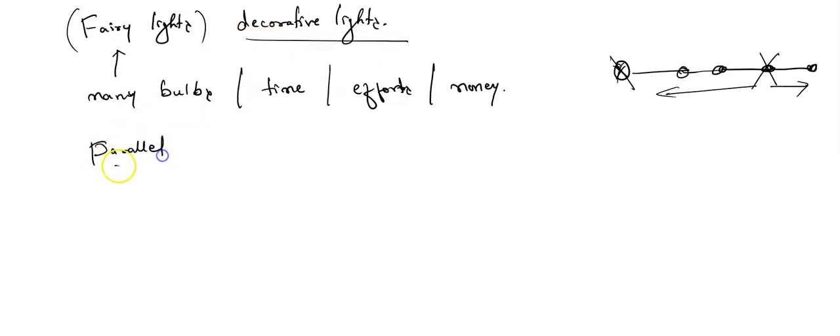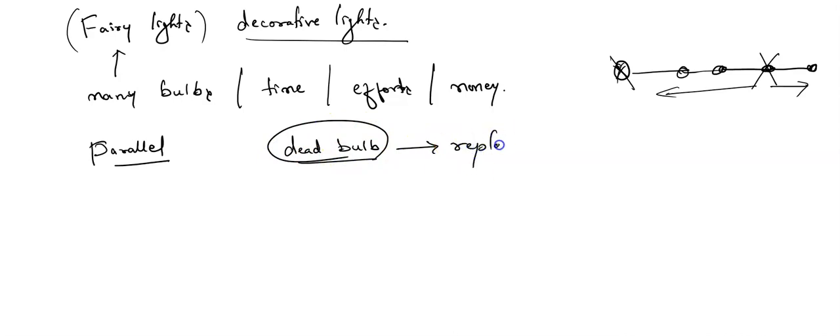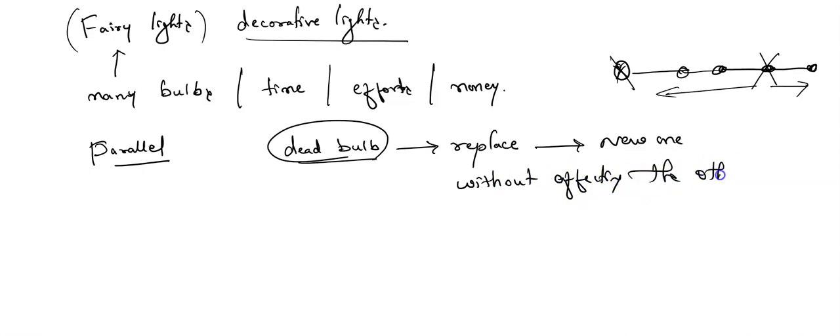We connect them in a parallel condition so that if any bulb is dead, we can easily replace it with a new one without affecting the other lights, since they are connected in parallel.